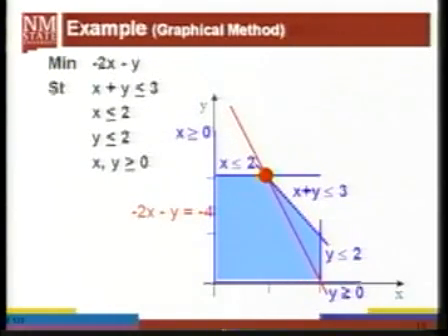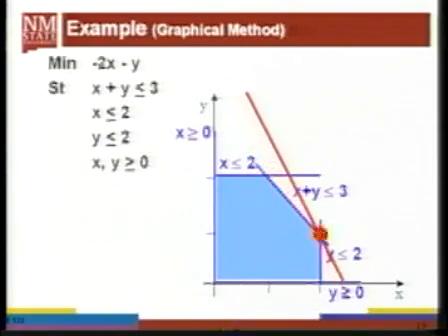Okay? And again, by moving parallel to the iso value line in the northwest direction, we could improve the value of g, which is negative 5 in this case. And this is the last iso value line intersecting the feasible region, right?